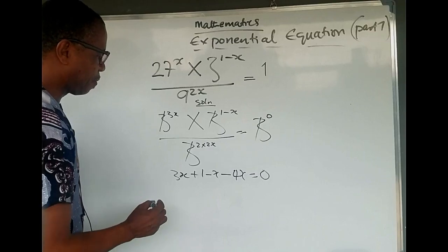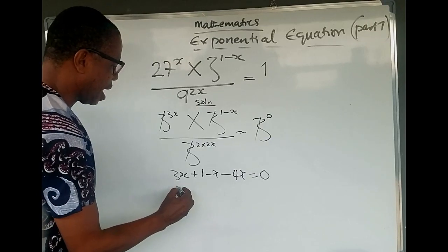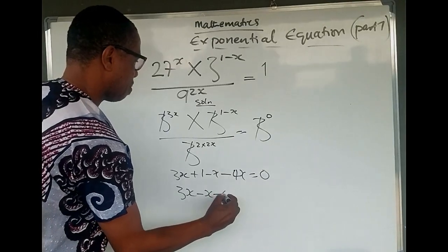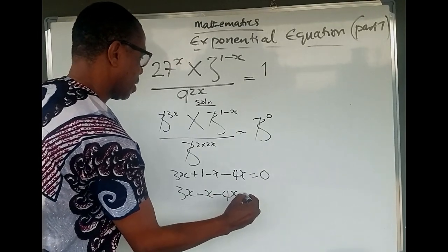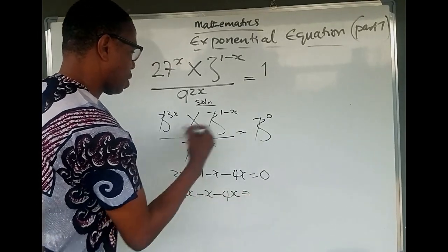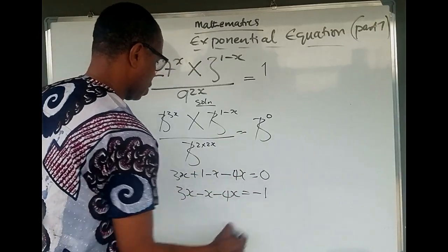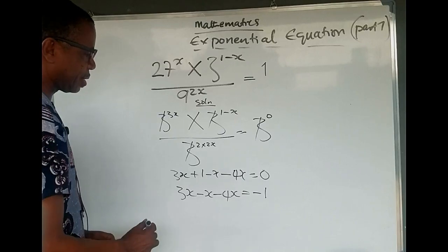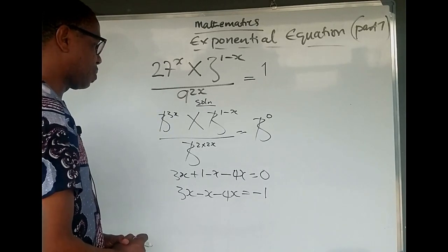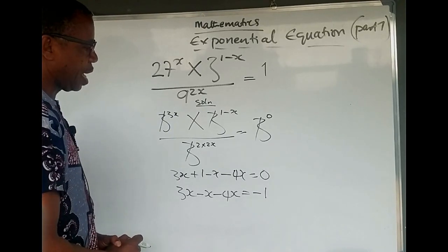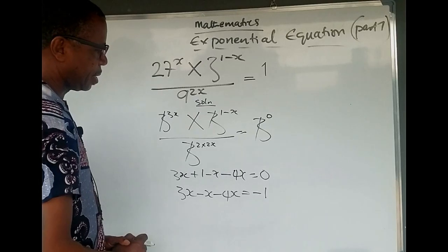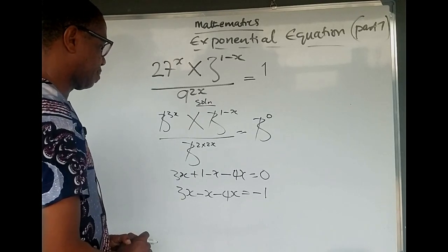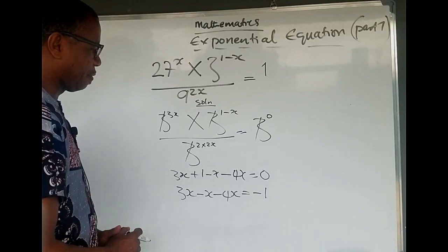Now let's move the like terms together. So you have 3x minus x minus 4x is equal to plus 1 crossing becomes minus 1. Then 3x minus x definitely will give us 2x.